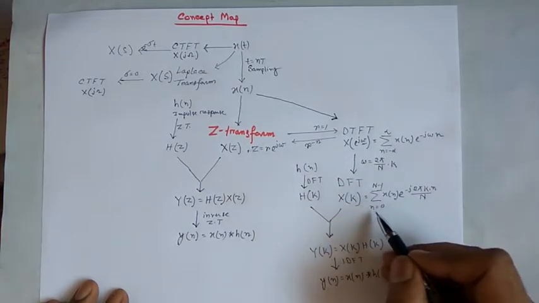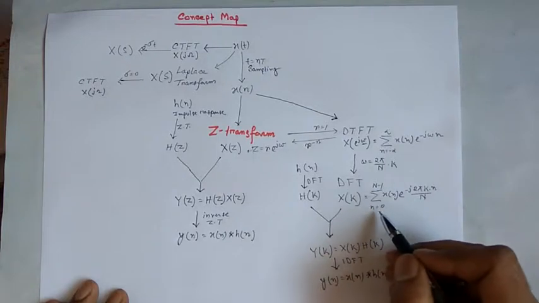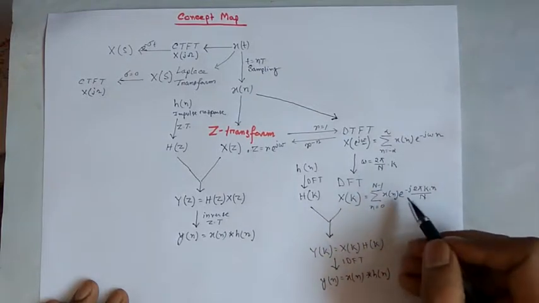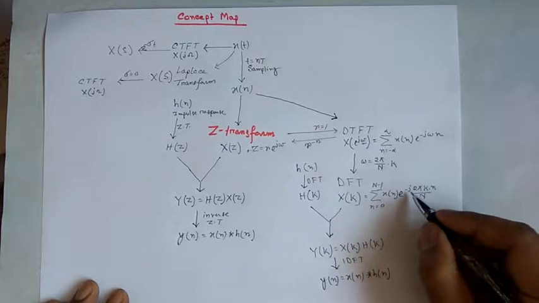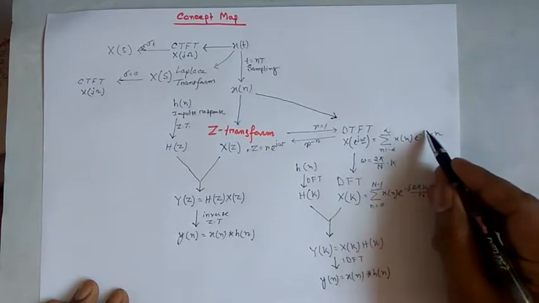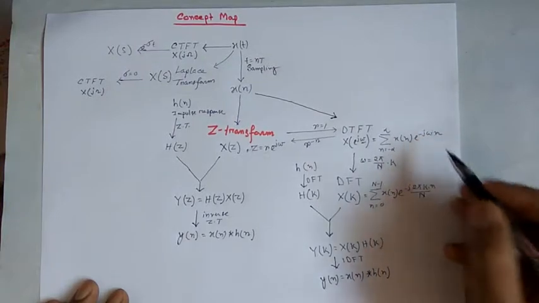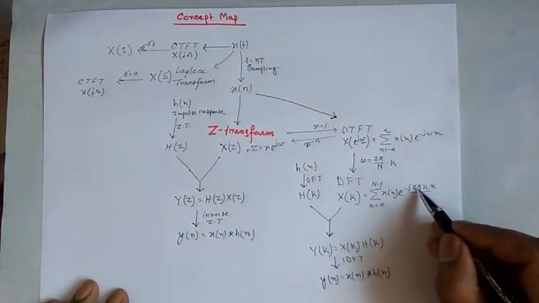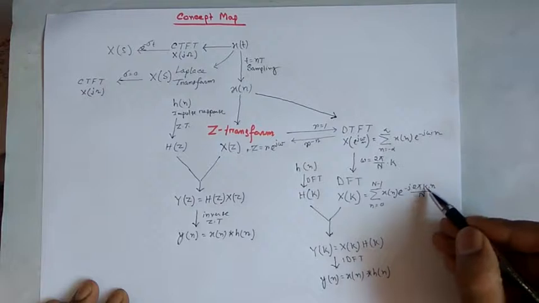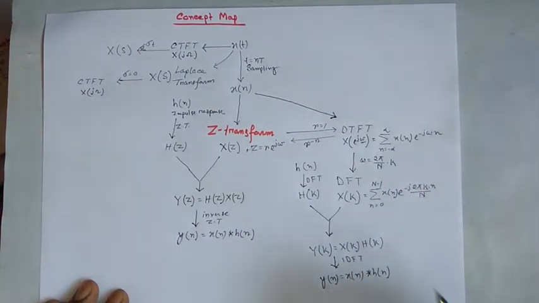X[k] will be the summation of n equal to 0 to N minus 1 of x[n] e to the power minus j omega n, and here in place of omega we will put 2 pi by N into k. So we will get DFT for a complete period of that DTFT.